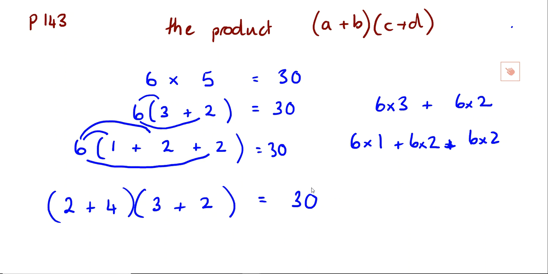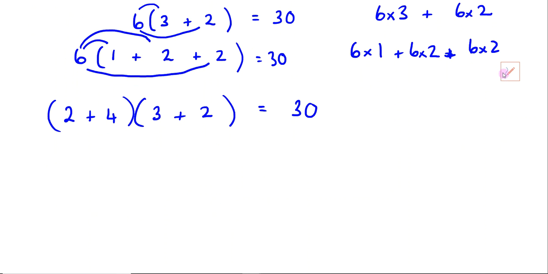So how do I make sure I get that? Nick? 4 times 3, 4 times 2, 2 times 3 plus 2 times 2. So I need to make sure everything in the left-hand bracket is multiplied by everything in the right-hand bracket. It's got to be 6 times 5.